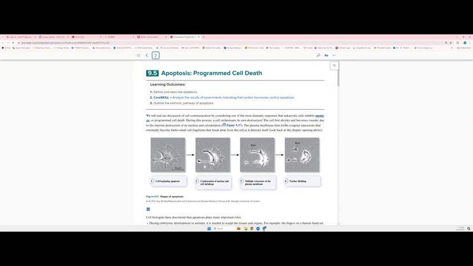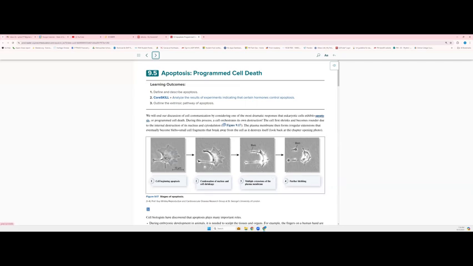So how does it happen? The cell first shrinks and becomes round due to the internal destruction of its nucleus and cytoskeleton. First, the organelles inside get destroyed, and then the cell gets smaller and shrinks. Then the plasma membrane forms irregular extensions. Before it was round, now it becomes like threads, extending. Then the cell becomes fragmented like this.